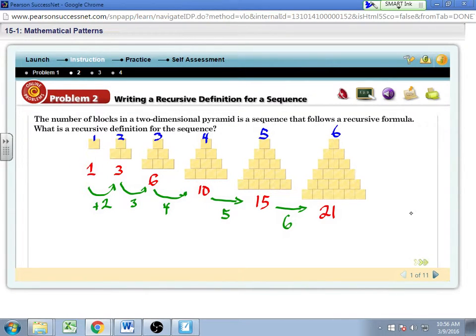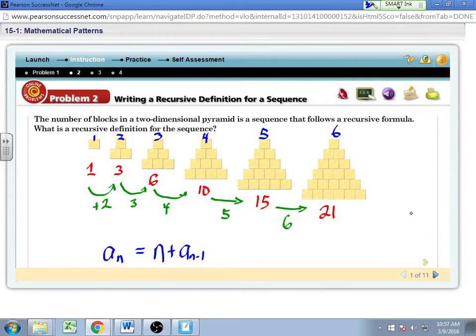So what Leon's saying is any term, a sub n, what are you saying? A sub n would be the current term. So how do I get it though? You said we're going to add the current term value, so n will be added to a sub n minus 1.